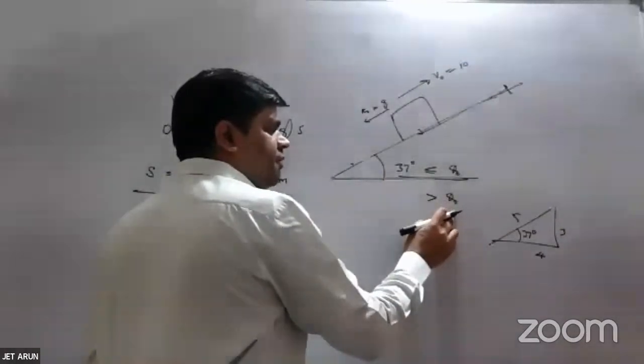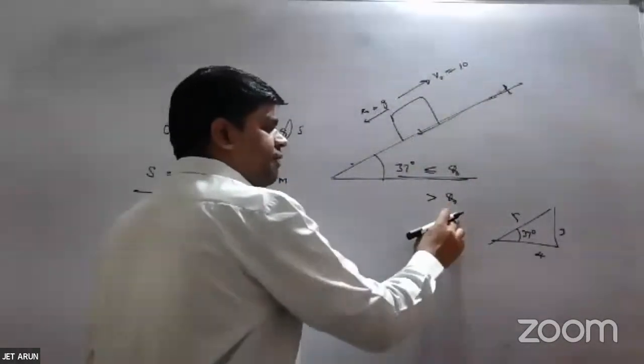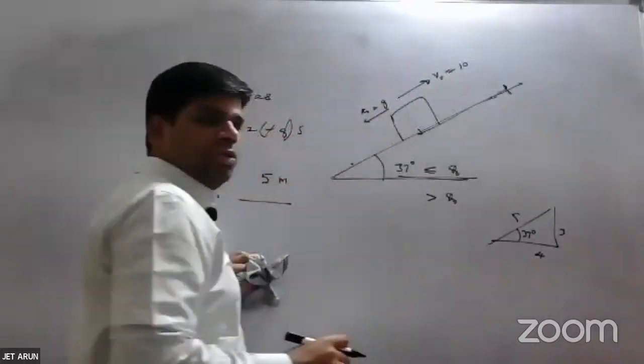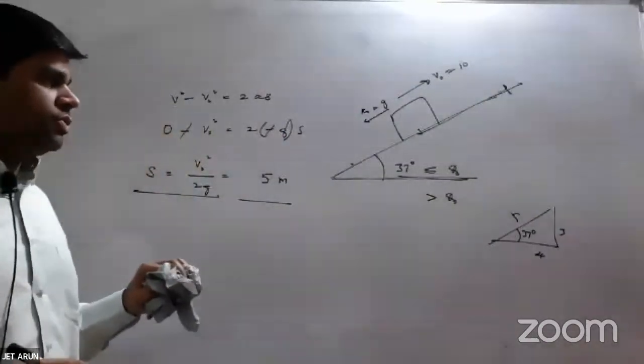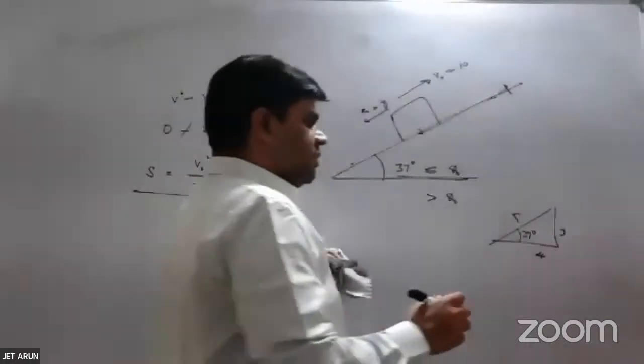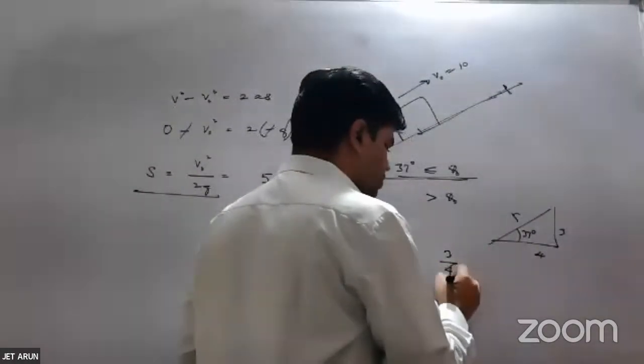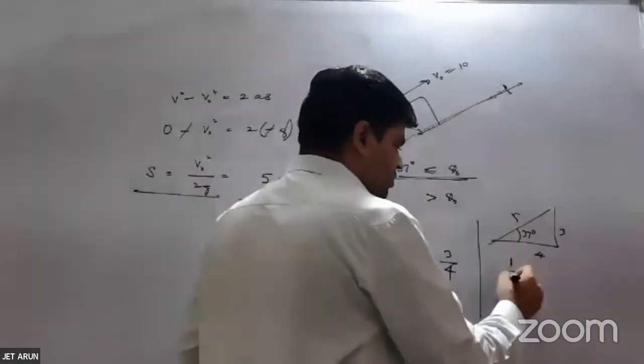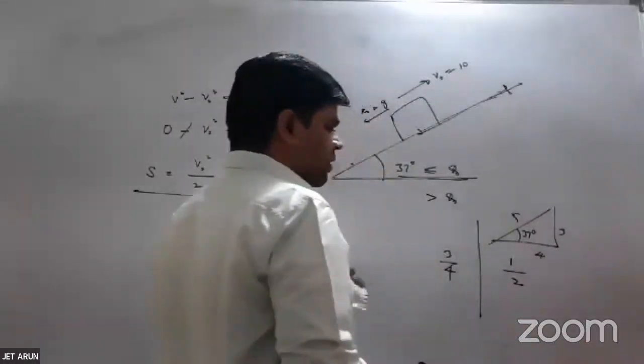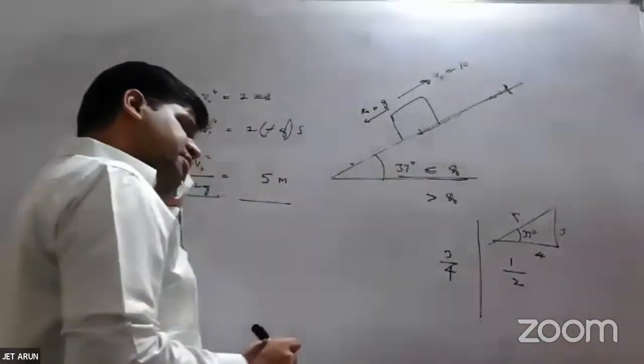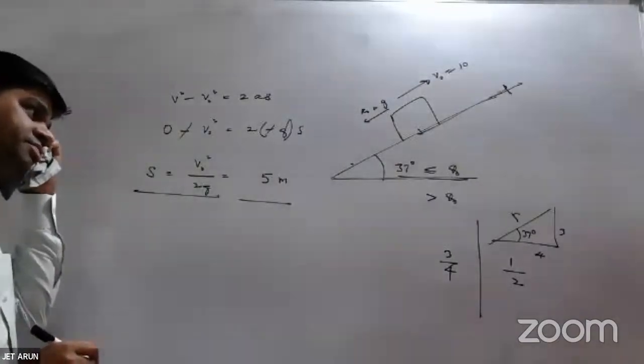But if this angle is greater than the angle of repose, it will slide back. How do I find the angle of repose? Tan inverse mu. So tan inverse half. What is tan 37? 3 by 4. And tan theta is 1 by 2, so the angle of repose is tan inverse of 1 by 2.